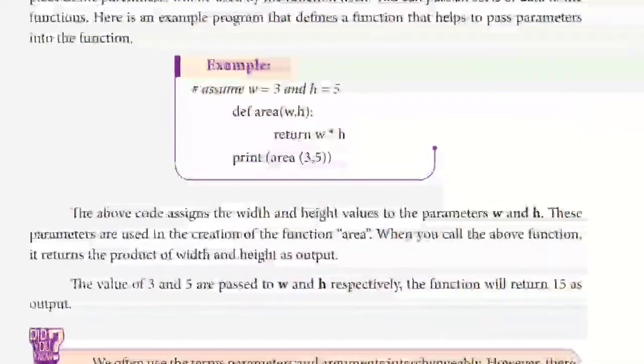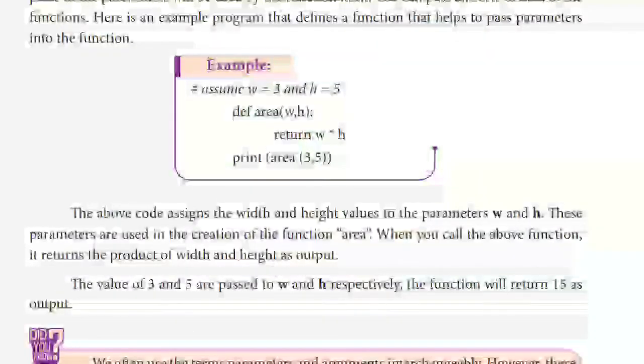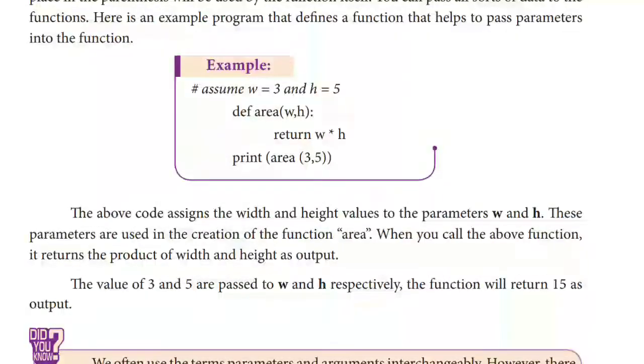The above code assigns the values of width and height to the parameters w and h. These parameters are used in the creation of the function area. When you call the above function, it returns the product of width and height as output.